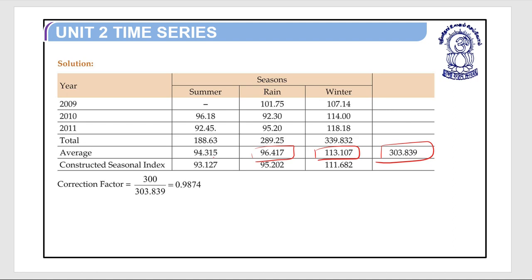So the correction factor is equal to 300 divided by 303.839. So you will get 0.9874.